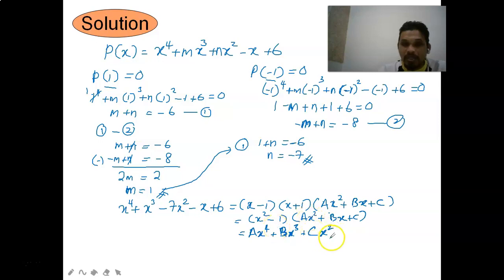Then ax squared times negative 1 is minus ax squared, bx times negative 1 is minus bx, and c times negative 1 is minus c. So now we have ax to the power of 4 plus bx cubed plus (negative a plus c)x squared minus bx minus c.